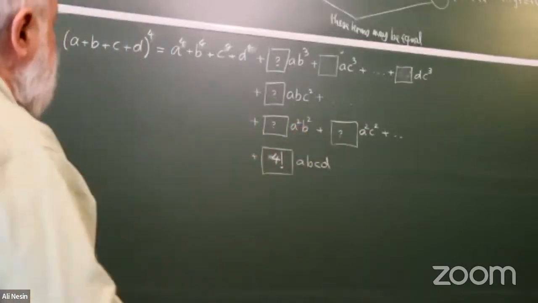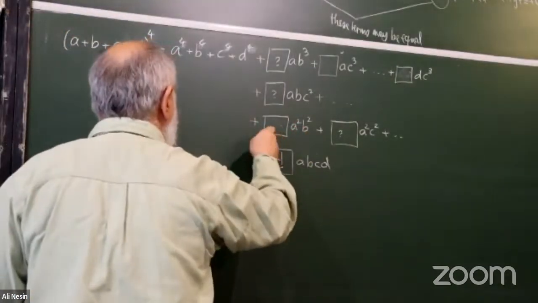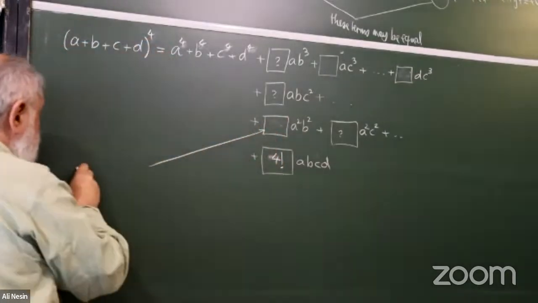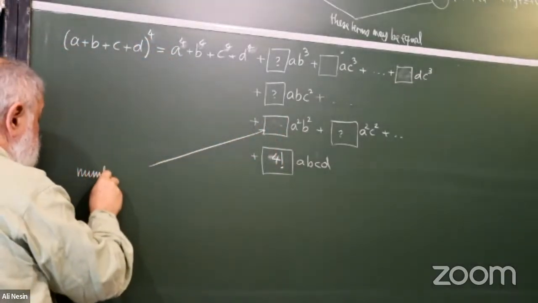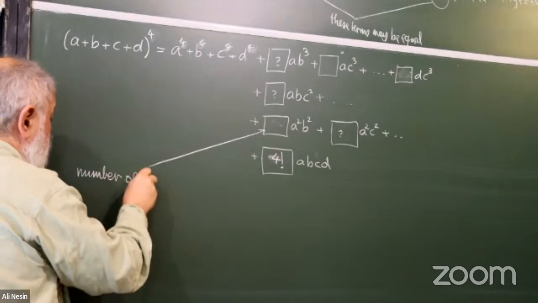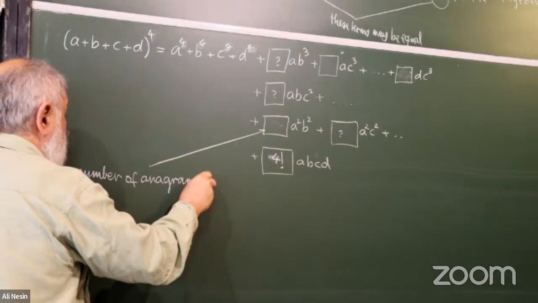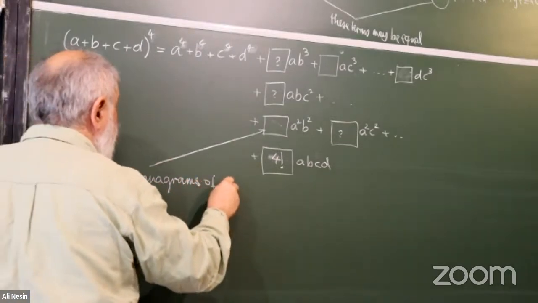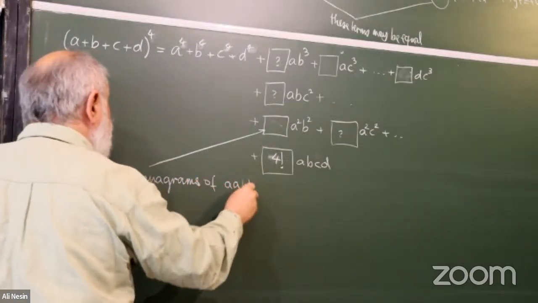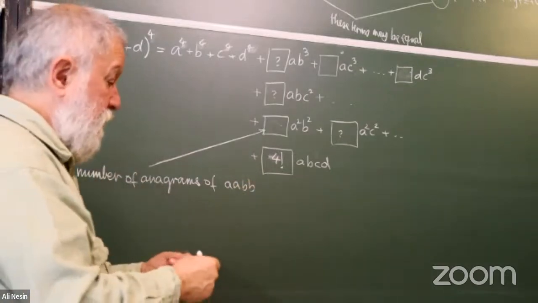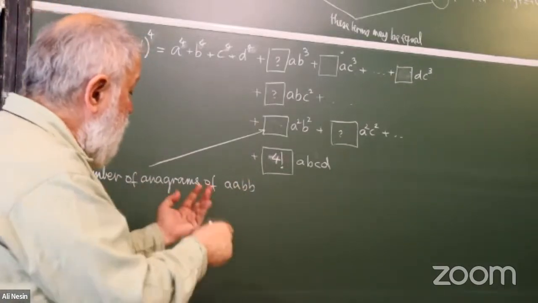In fact, this number here is the number of anagrams of A, A, B, B. It's like Scrabble.